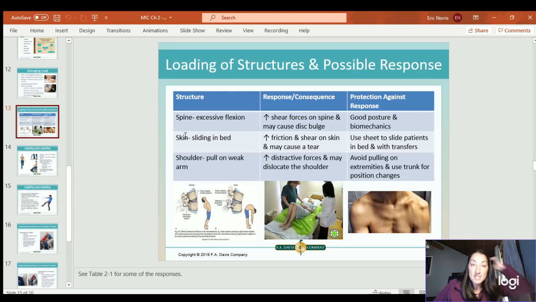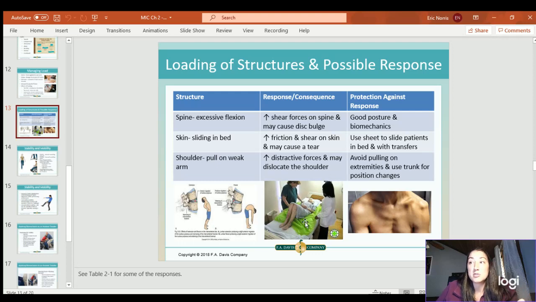Another example is skin. If you slide in a bed, especially someone like an elderly person with thin skin, if you slide up and down in the bed, it creates friction and a shear force to the skin and can tear the skin. The main way that we counteract that in hospital or nursing home settings is using a sheet to slide in bed and to do transfers.